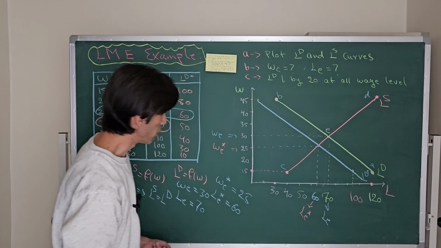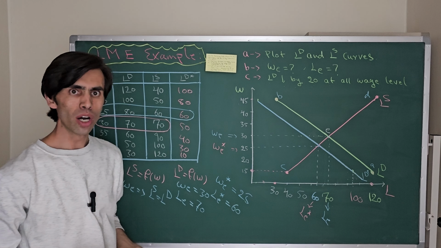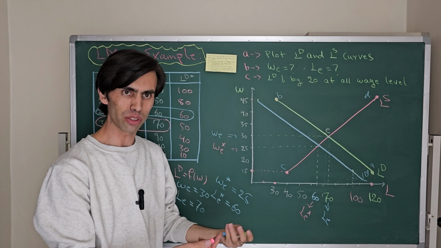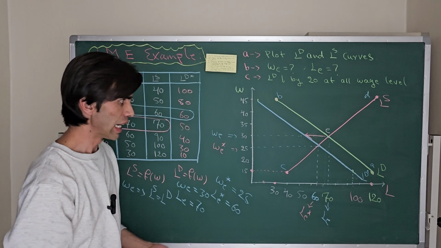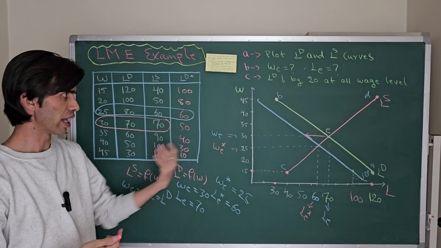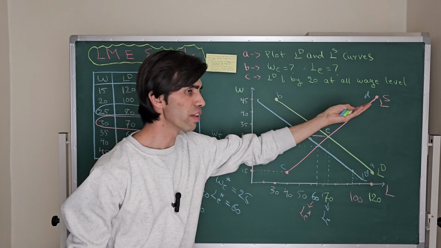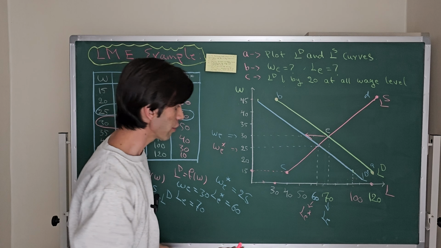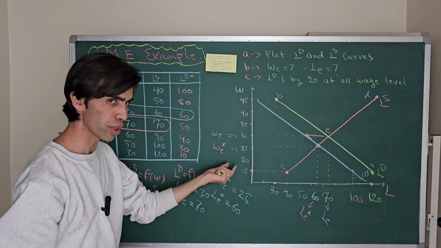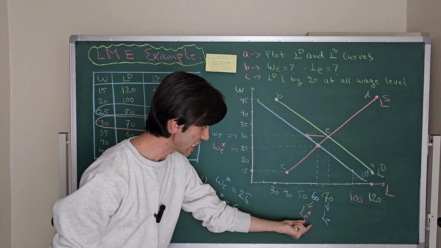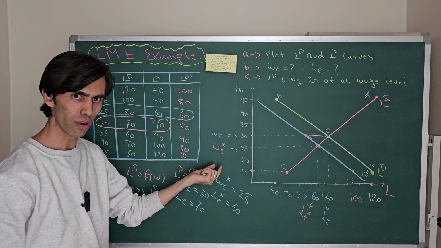Because this decline in labor demand comes from factors other than wage, the labor demand curve will shift to the left. This shift of the labor demand curve to the left is due to the decline in labor demand at all wage levels. So we will have a completely new equilibrium quantity and a new equilibrium wage level: 60 is the equilibrium quantity and 25 is the equilibrium wage.